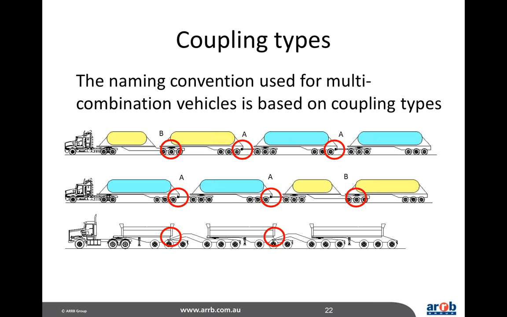Now, a further enhancement that you can do when playing with couplings and designs is to locate tow couplings as close to the wheels of the preceding trailer as possible. And in the third diagram on this page, I've shown you what I mean by that. Instead of these dollies connecting to pin couplings at the back of these trailers, they have these long goosenecks which reach up and over to reach the centre of the axle group of the preceding trailer.